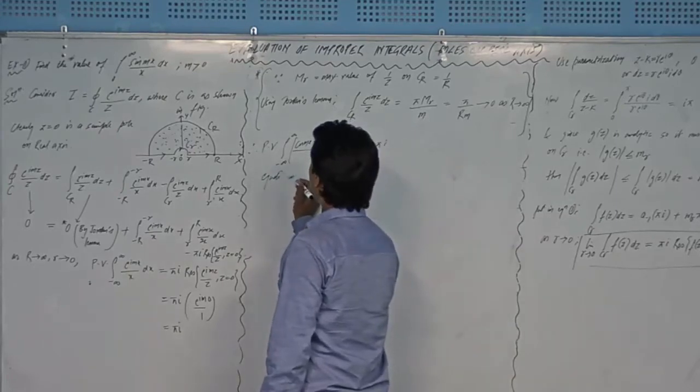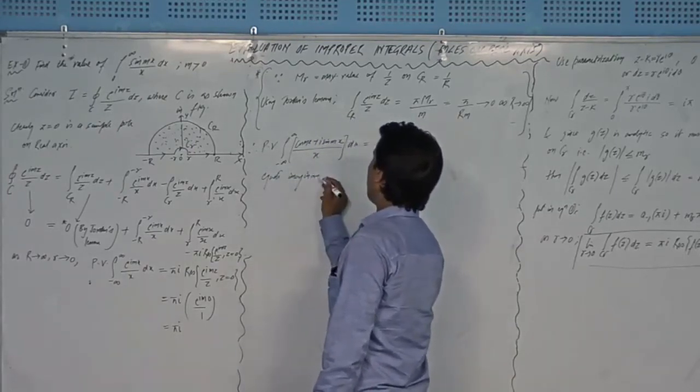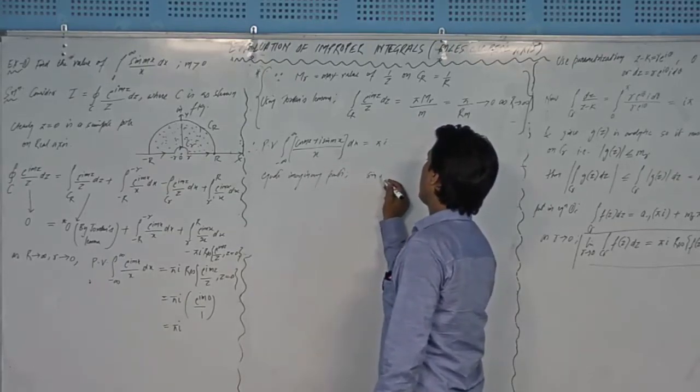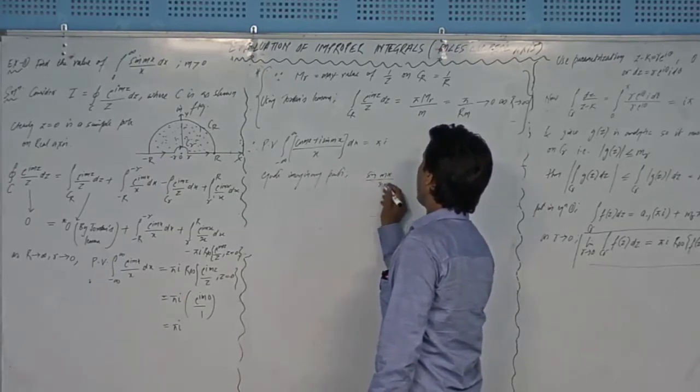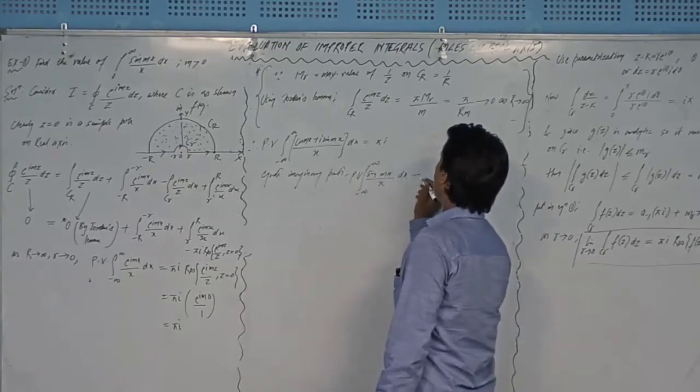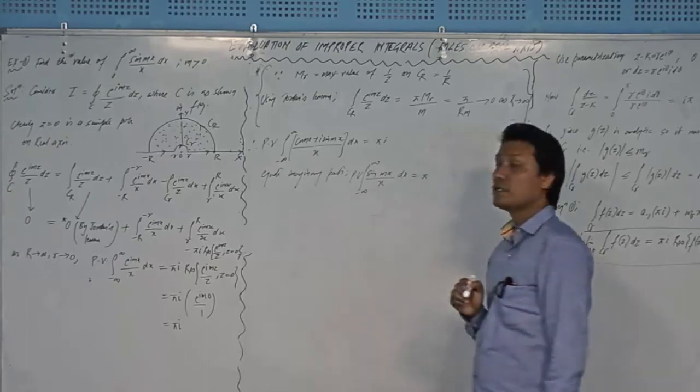Equate imaginary parts, you will get the principal value of the integral from minus infinity to infinity of sin mx over x dx is equal to pi, right?